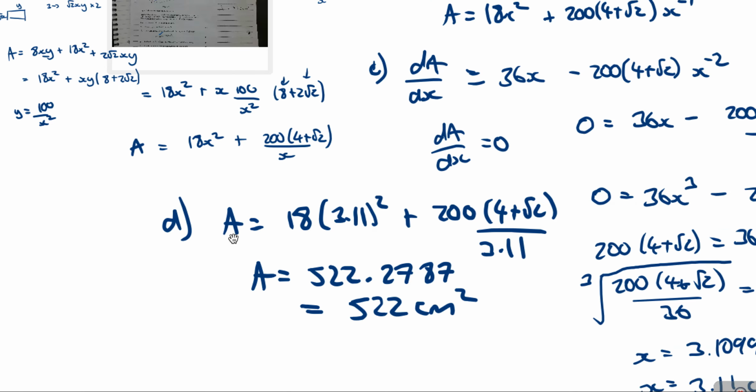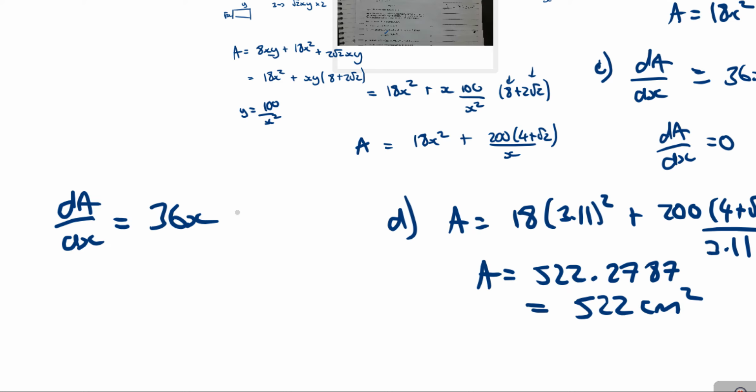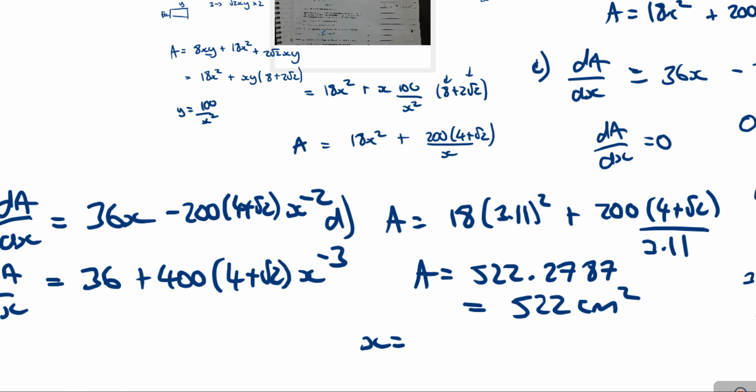And then the second part of the question asks us to prove that it's a minimum point. For this one, again we're going to start with our dA/dx term, which was 36x minus 200(4 + √2)x^(-2), and we're going to differentiate again. So d²A/dx² is equal to 36, and this time we're going to times by minus 2, so it's going to be plus 400(4 + √2)x^(-3). And then here we're going to plug in our x value. It might be a bit hard to use the answer key, so we'll just use 3.11.